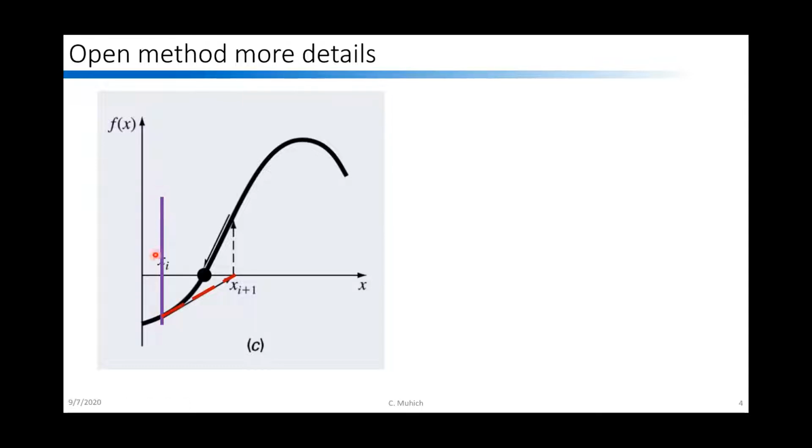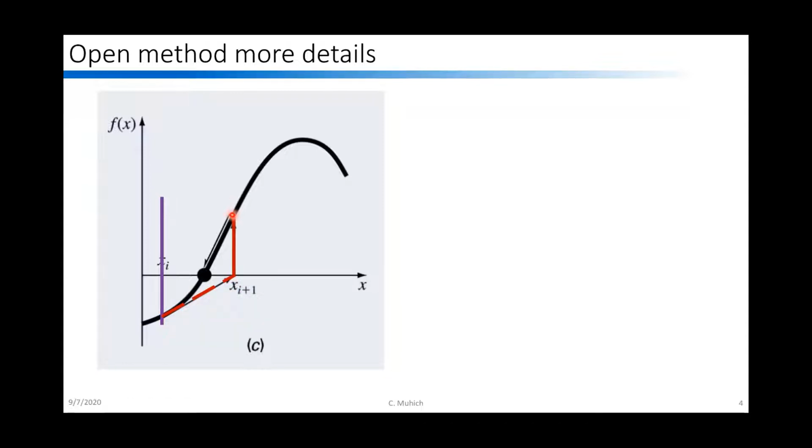So say we're at xi, if we knew information about the tangent line or the derivative at xi, we could then project out a straight line with the slope of the tangent to find where that approximate root might be and use this as our next guess for x.